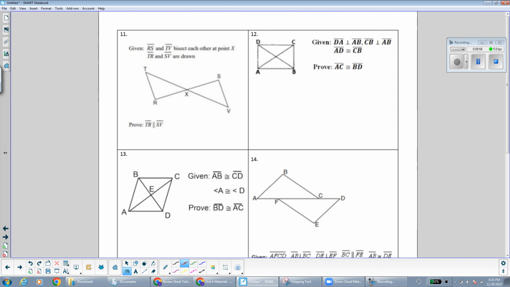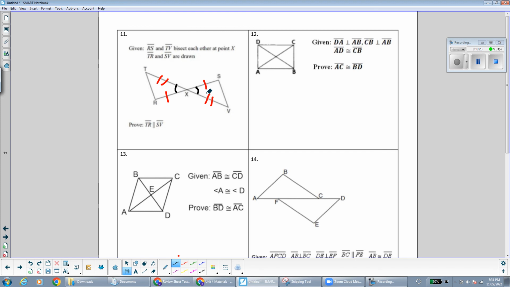Okay, so for the proofs, I'm not going to write up every single proof, but I'm going to talk about exactly what needs to go in it, statements and reasons. So when you're given information, I know RS is being bisected, that means it's being cut equally in half. TV is also being bisected, so it's being cut equally in half into two congruent parts. We also have these vertical angles over here. So now we can say the triangles are congruent by SAS.